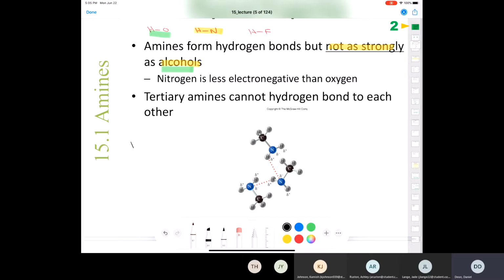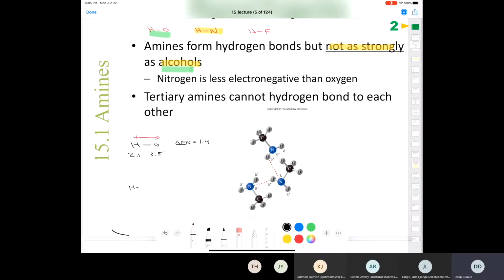So if I look at the oxygen-hydrogen bond, oxygen has an electronegativity of 3.5, hydrogen is 2.1. So therefore my difference, or my delta electronegativity, is 3.5 minus 2.1, which gives us a difference of 1.4. And so we have the dipole going towards the oxygen, all right?